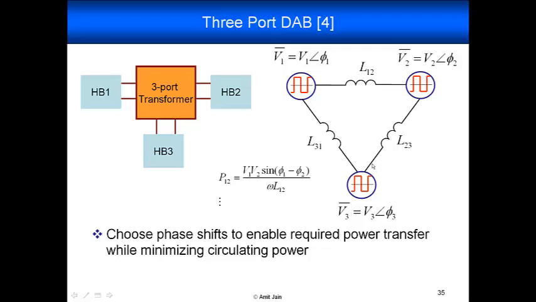So this is like a power system problem where we are trying to minimize circulating power in an interconnected power system, and we again have flexibilities over the phase angle of these voltages, and also the magnitude of these voltages, so we can introduce duty cycle control to control the fundamental component amplitude of each of the voltage sources.